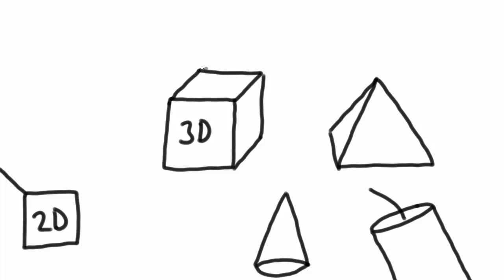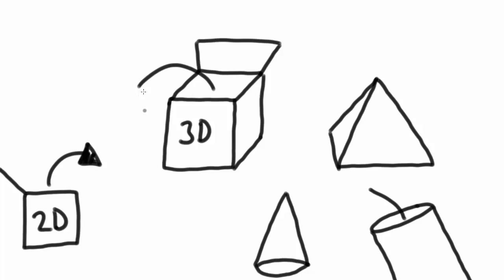And if you wanted to doodle a lid here, you could just do something along those lines. And there's an arrow coming out of the box, and again, there's an arrow coming out of this box. So that's the difference.